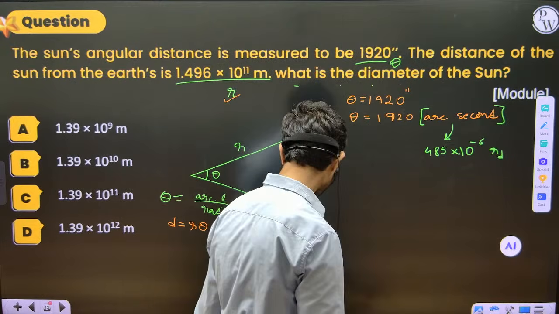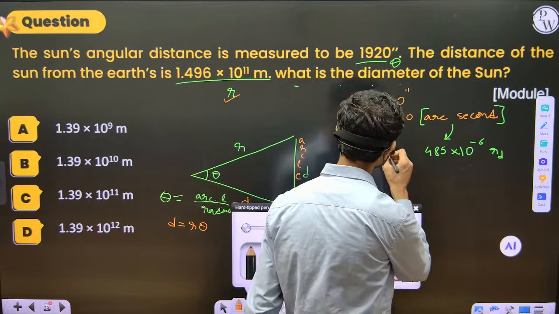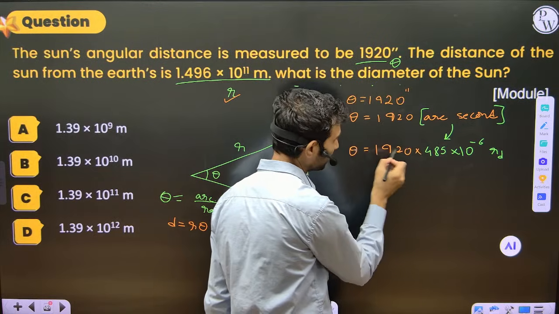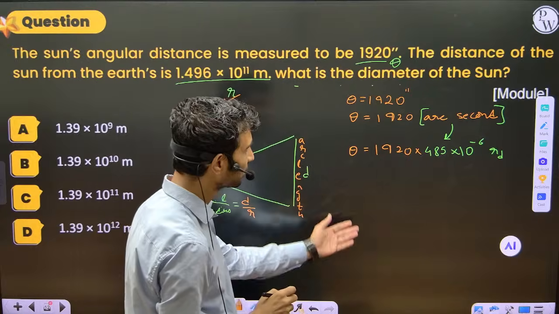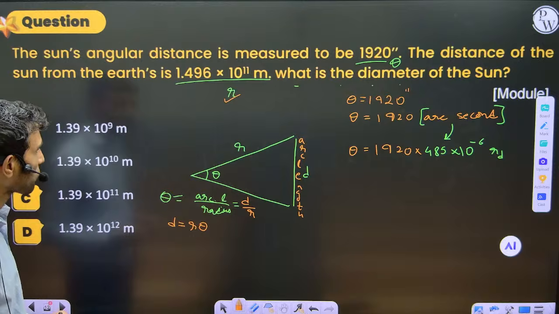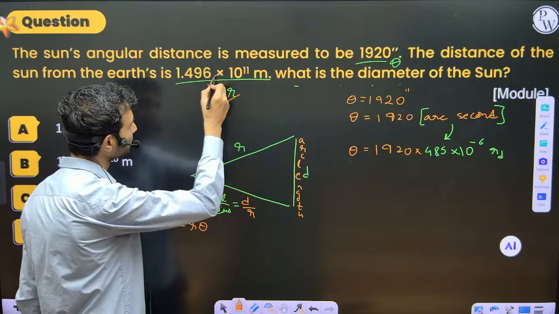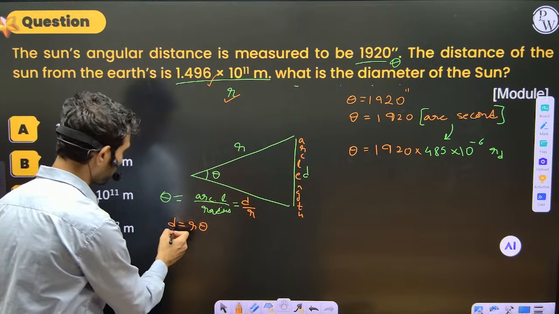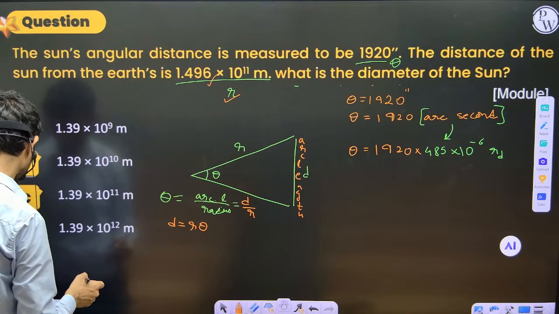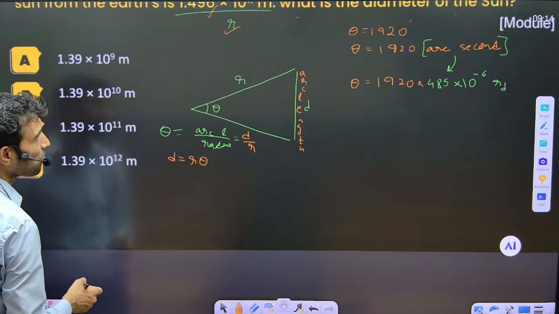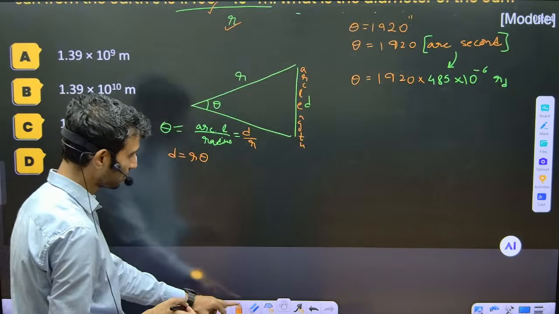So using that value, that gives me my theta, right? So I've obtained my theta, and r is already given to me. R is this value, right? So with the help of that, we should be able to find out the value of d. Okay, so let's see what d is coming out to be.